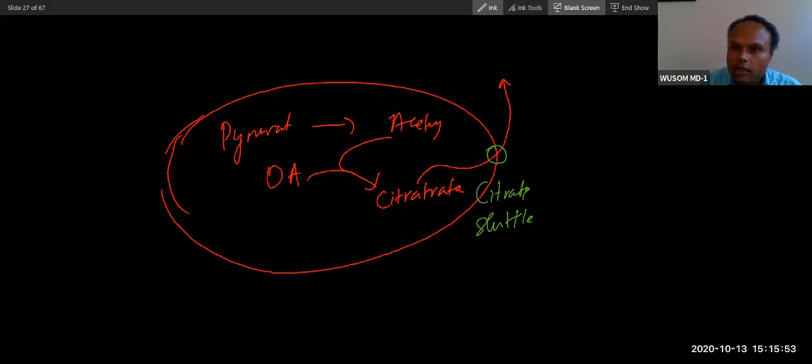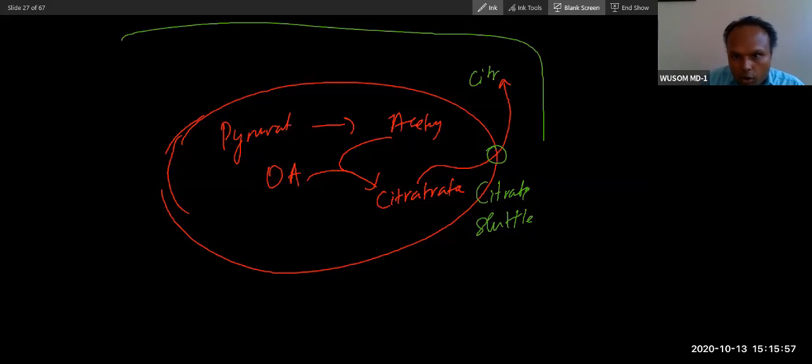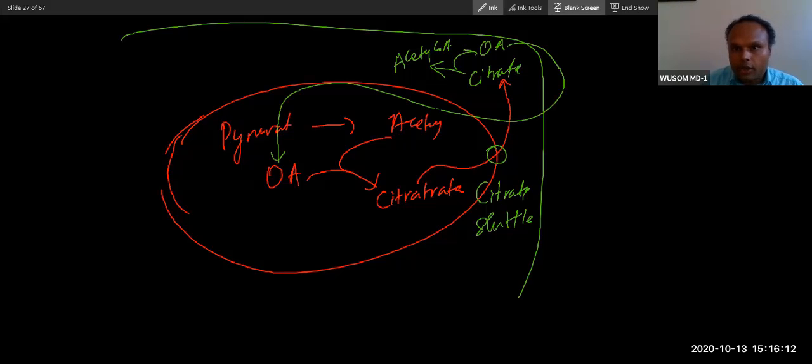This citrate goes into the cytosol, and this cytosolic citrate will again break into acetyl coenzyme A here, and oxaloacetate will come here. I have directly shown it as oxaloacetate. So it will come like this. Now this acetyl coenzyme A will form fatty acid.